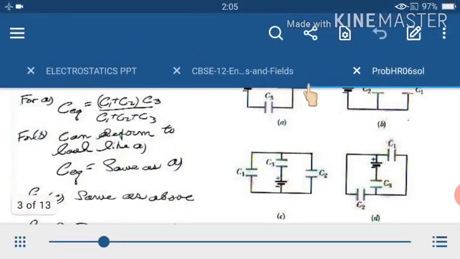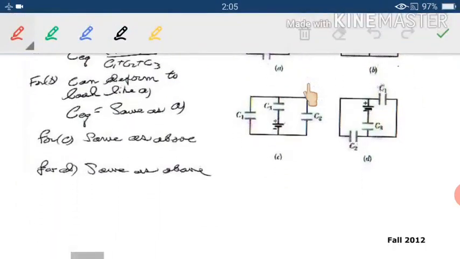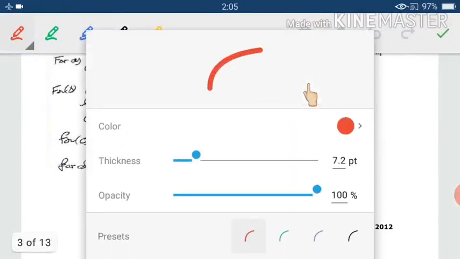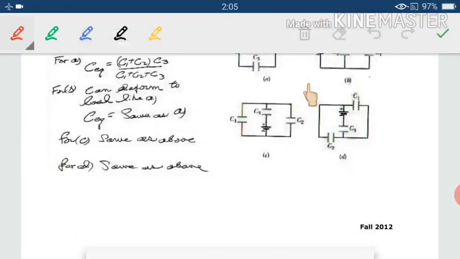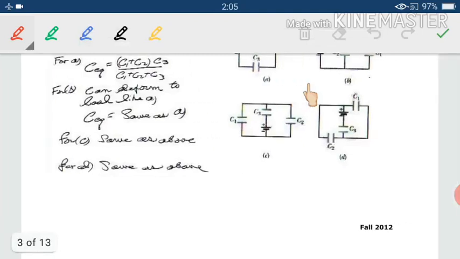So let me show you, just 1 second. C1 and C2, they are connected in parallel. So their equivalent capacitance, let it be Cp. So it will be C1 plus C2. I think this is clear.